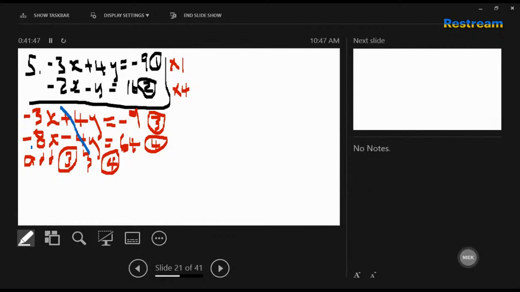Negative 3x plus negative 8x, that's negative 11x. And negative 9 plus 64, that's going to be 55. So x would be 55 divided by negative 11.